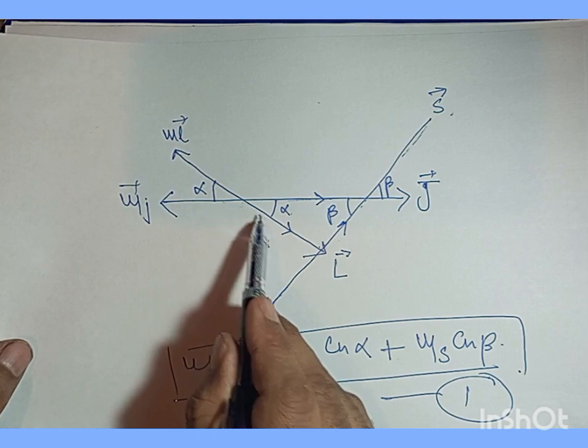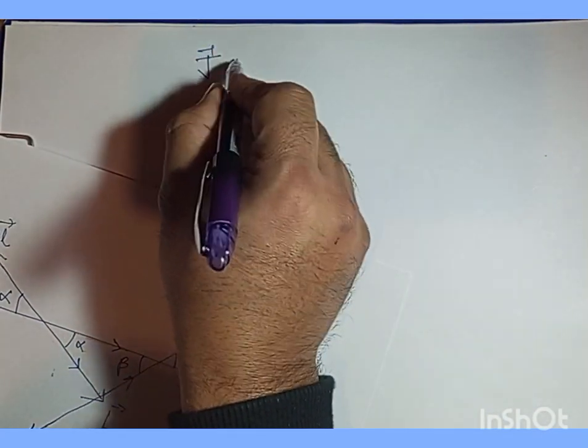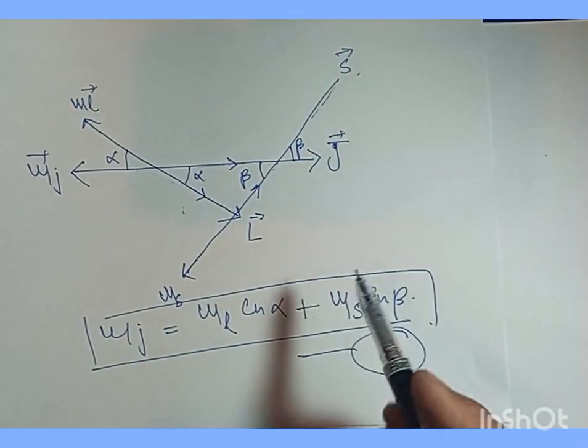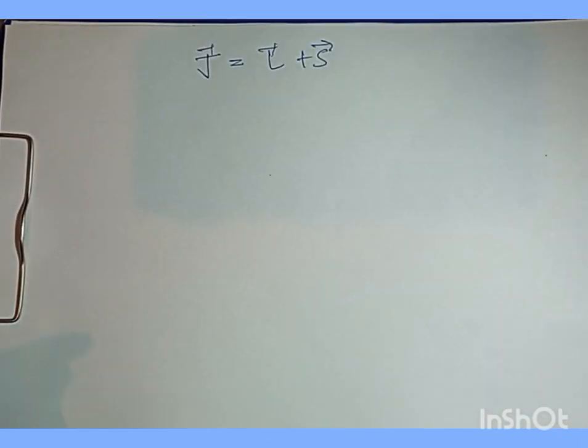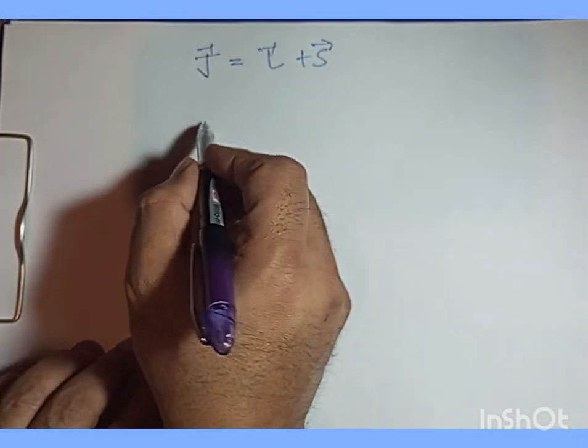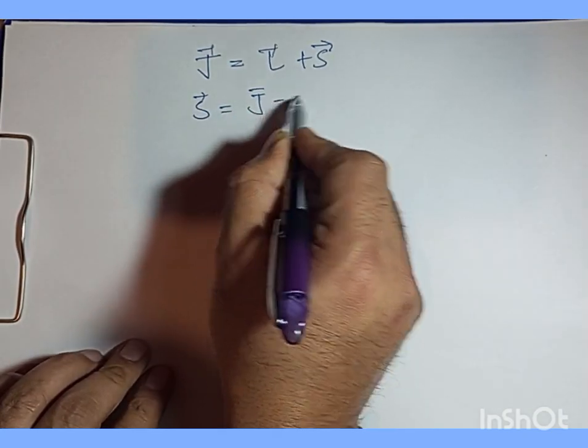So I can use the triangle law of vectors here directly. So I can write this total angular momentum J as the vector sum of L vector and S vector. If that's the case, I can write this S vector as J vector minus L vector.